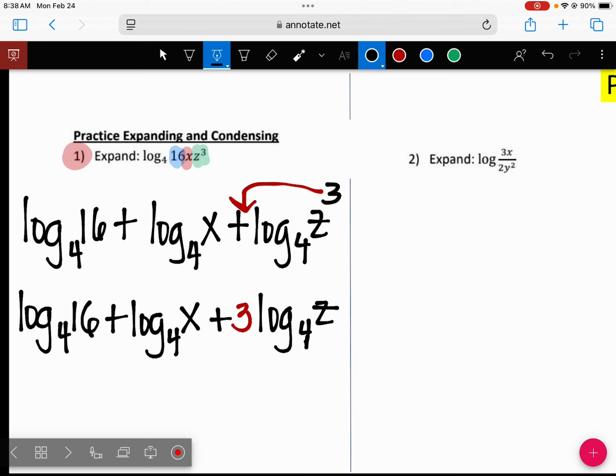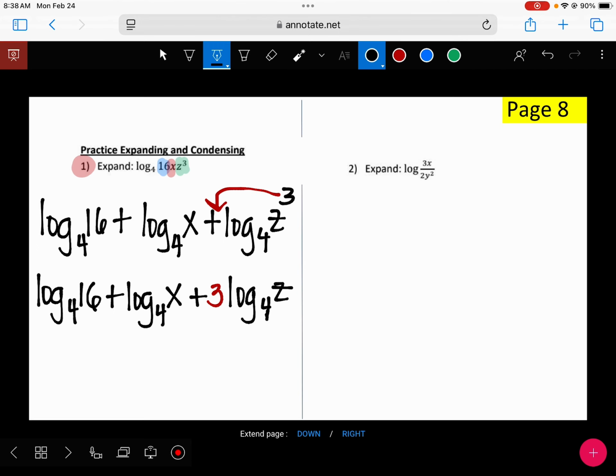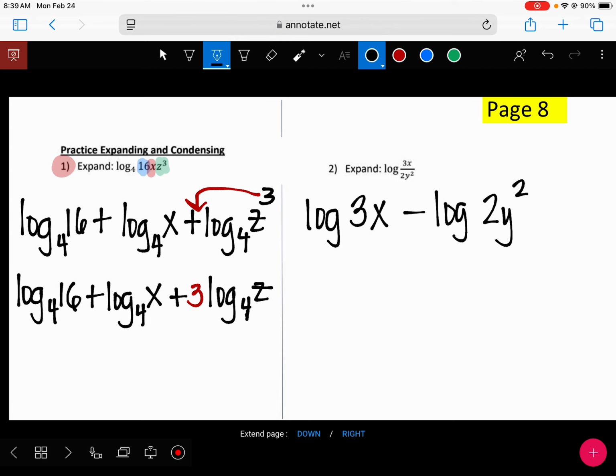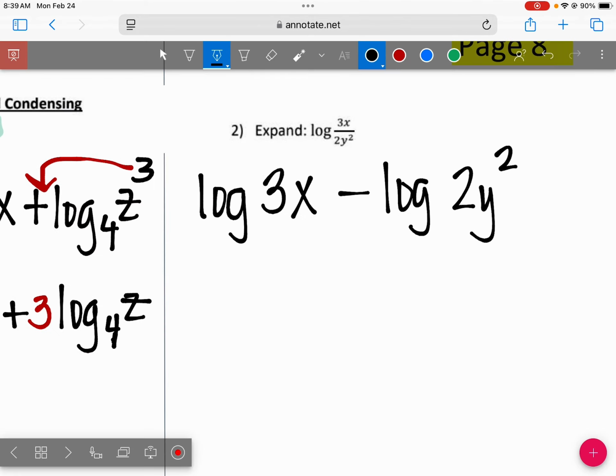All right, let's look at this next one together. So we have a fraction this time, so we're going to start by separating it with subtraction. And now we need to break it apart with addition.